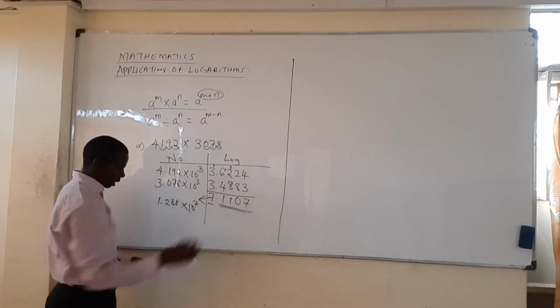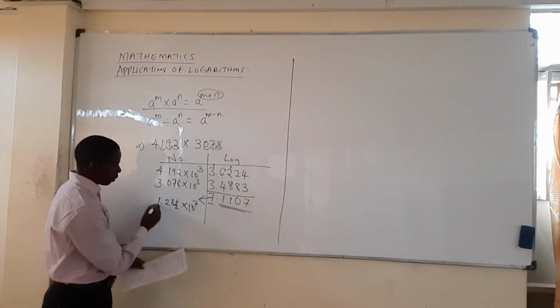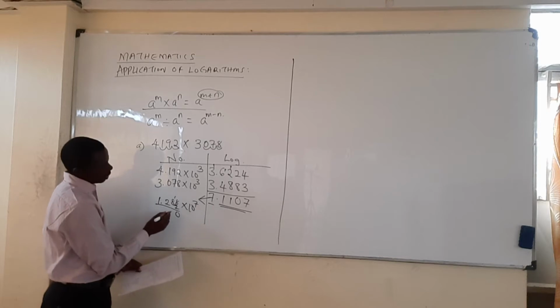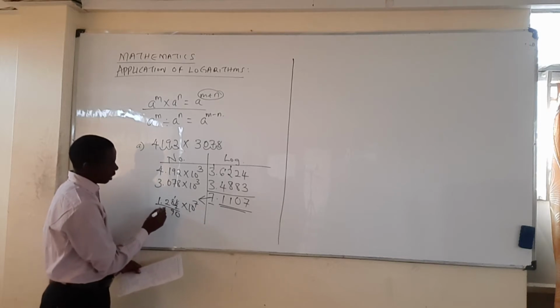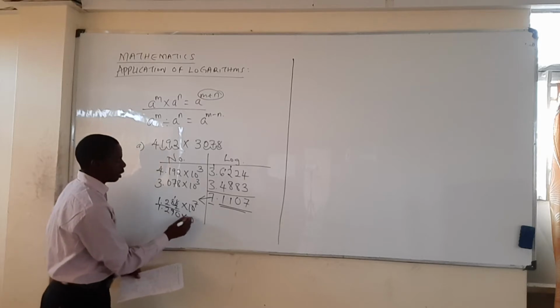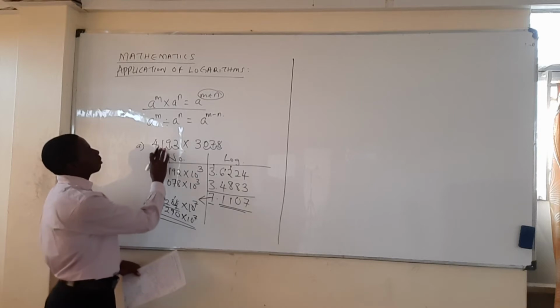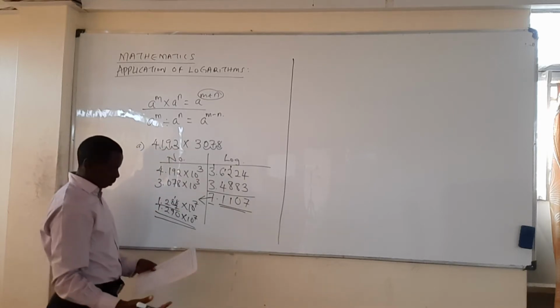Then we add 7, which is 2, so you get 1.290 times 10 power 7. That's our answer when you multiply these two using logarithms.